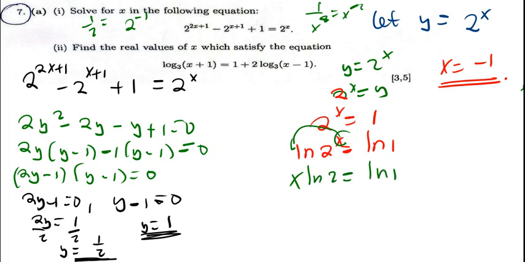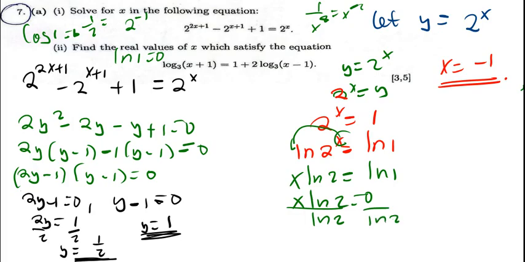But one thing we should know is that log 1 regardless of any base is 0. Ln 1 regardless of any base is also 0. Then we have got x ln 2 equal to 0. Divide both sides by ln 2, another value of x is 0 over ln 2, which is 0. So those are my values.